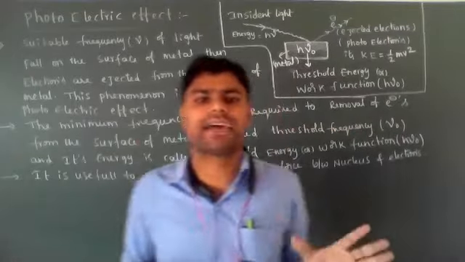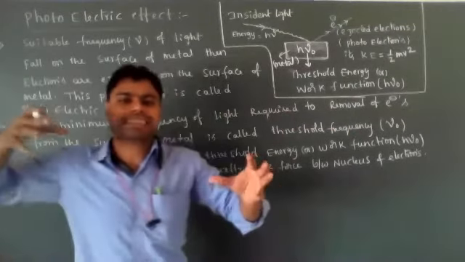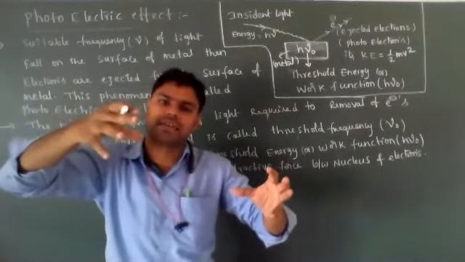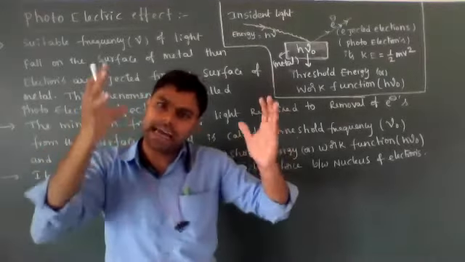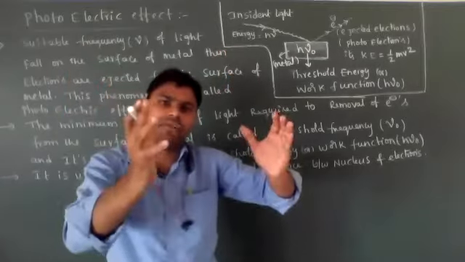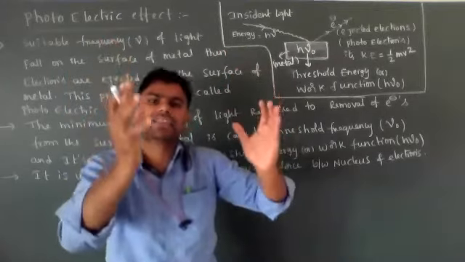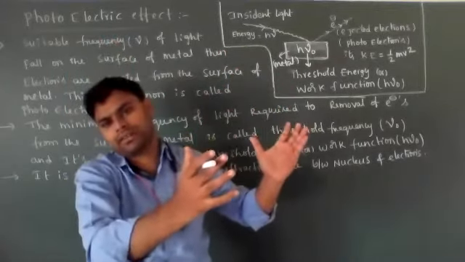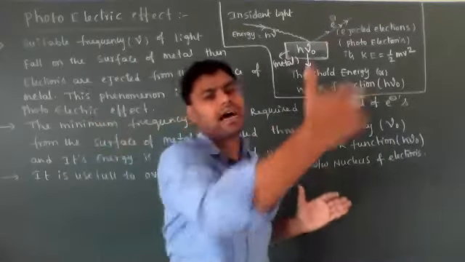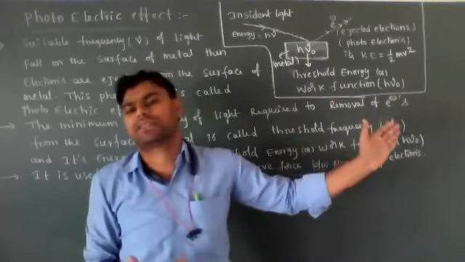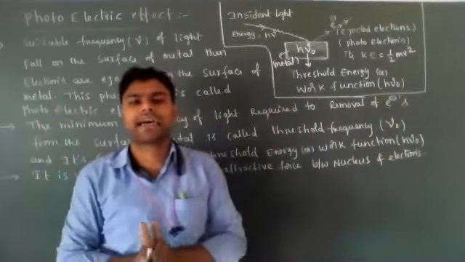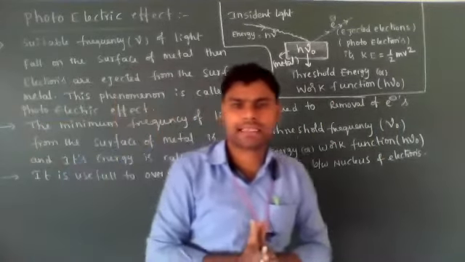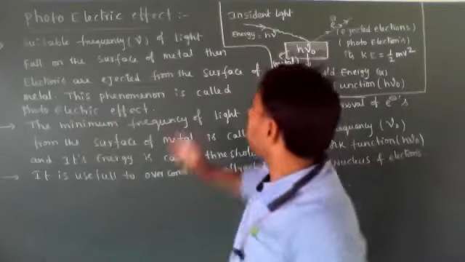So when the photoelectric effect is observed, a certain frequency of light, which has a certain energy, falls on the surface of the metal. Then some electrons are removed from the surface. That phenomenon is known as the photoelectric effect.